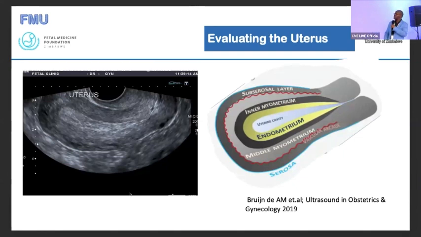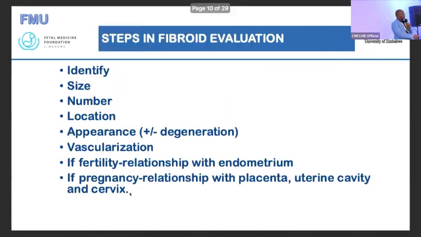If there are any intracavitary lesions, you may be able to pick them. However, when the uterus is large, it may be difficult to evaluate, and you may need to do a combination of scans.